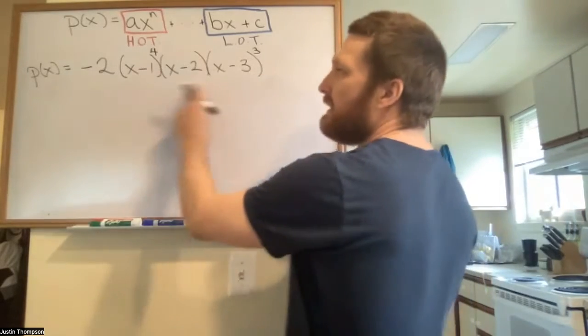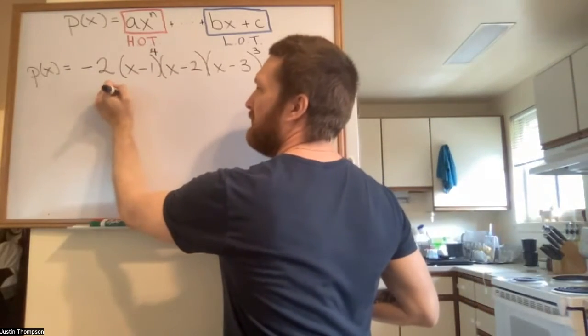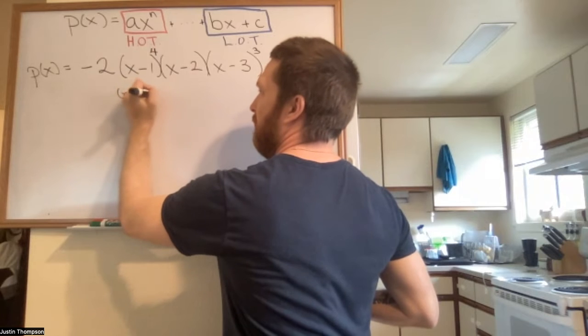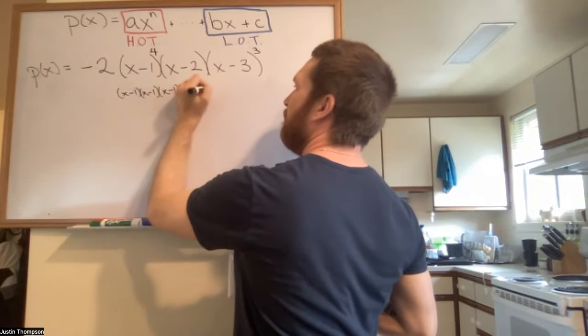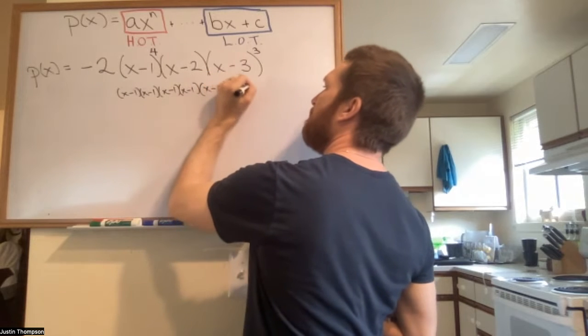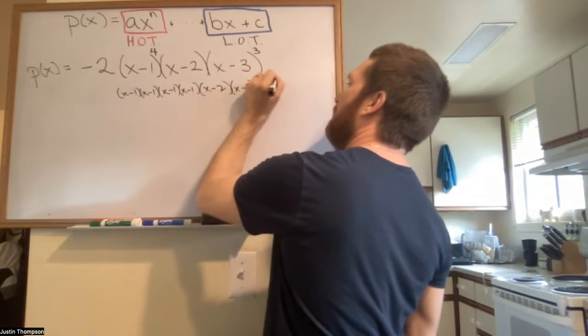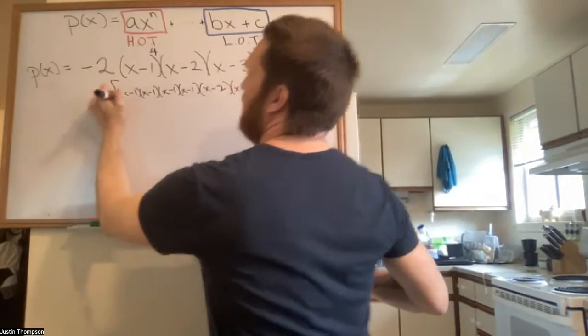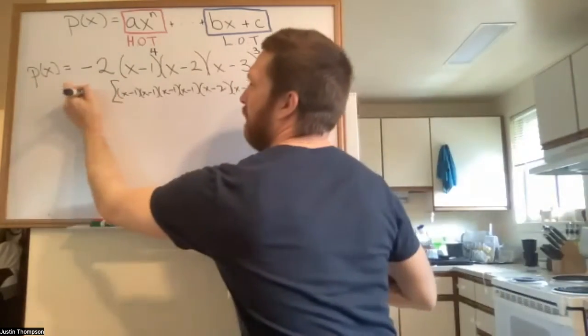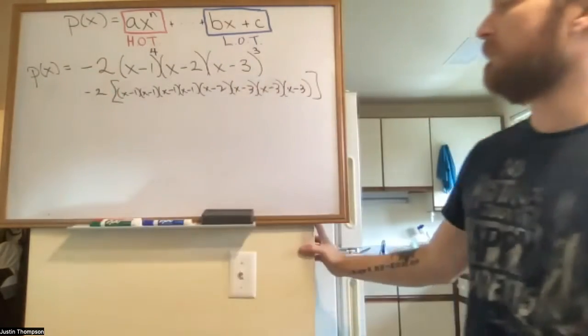But when you say to the fourth, that just means you have 4 of these guys, right? And so we could write it out like this, and then do this 3 times, and then say it's all of that stuff multiplied by -2.